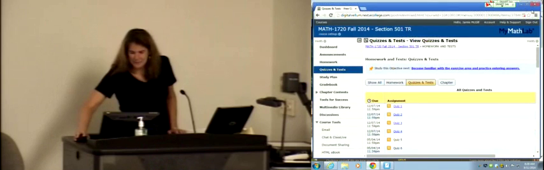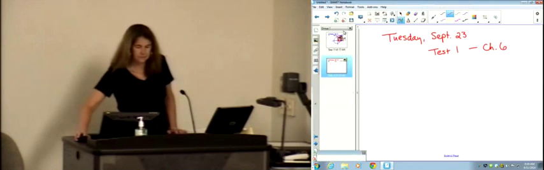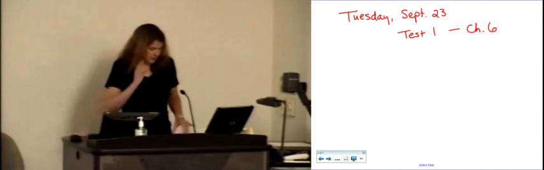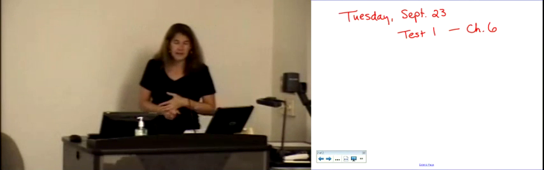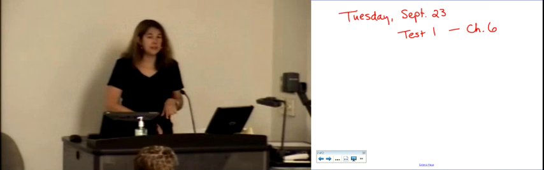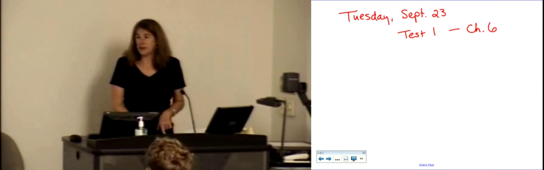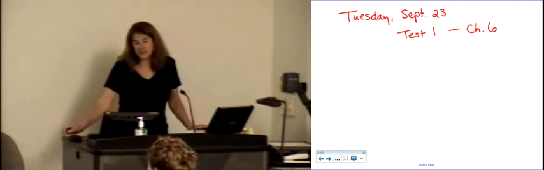Okay, so let's go back to what we were looking at last class. I'm trying to remember where we were. We were finishing up section 6.3, and we started section 6.4. In 6.3, we talked about the even-odd properties for the trig functions.